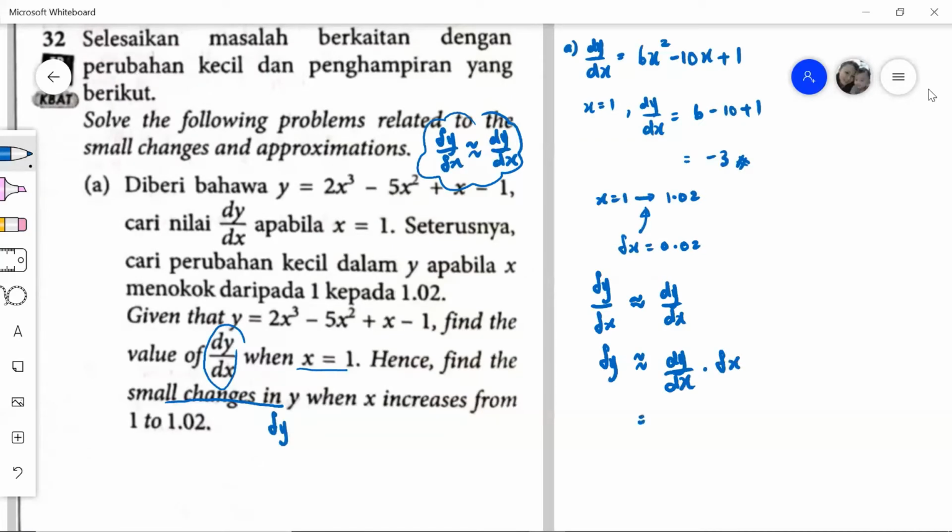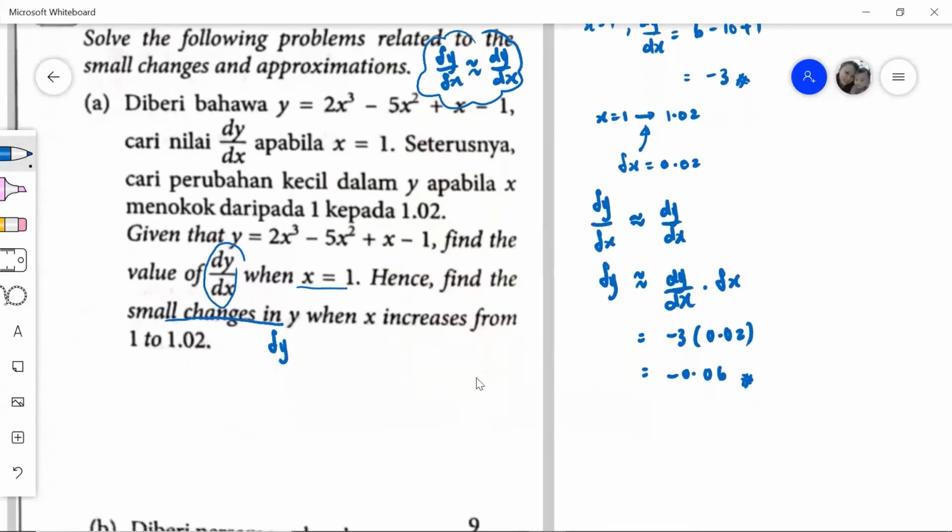The dy by dx we already found is negative 3, and delta x is 0.02. Therefore, delta y will be negative 0.06. That shows that as x increases from 1 to 1.02, y will reduce by about 0.06. That's it for part A.